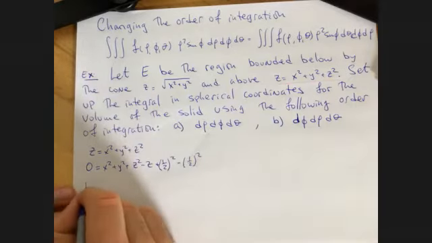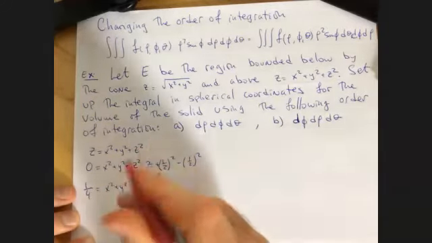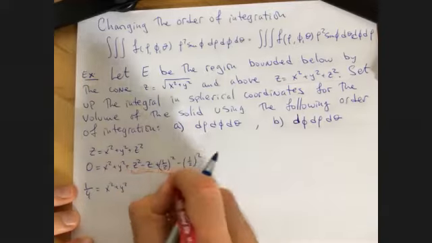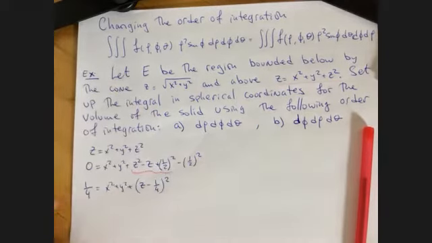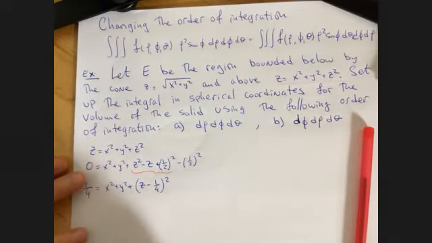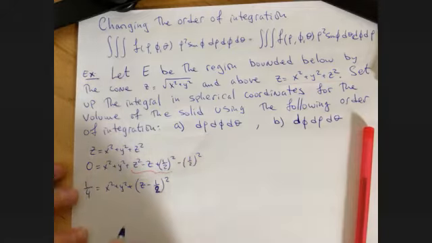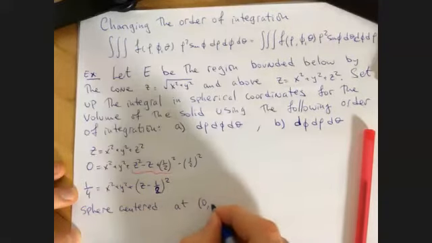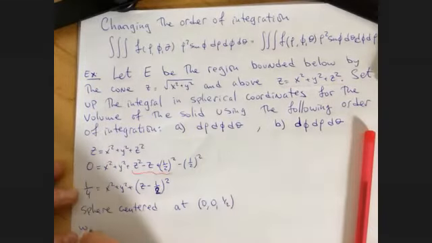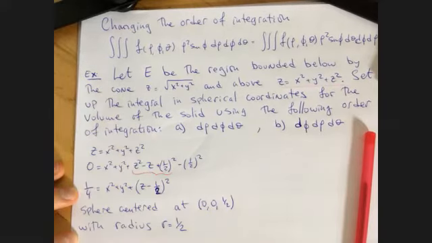Bring this to the other side, that becomes positive 1/4 equal to x squared plus y squared, and then we complete the square here, plus z minus 1/2 squared. Okay, so what do we get? We get a sphere centered at 0, 0, 1/2 with radius 1/2.